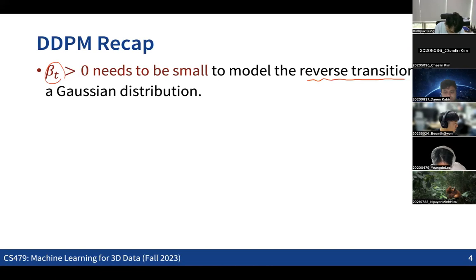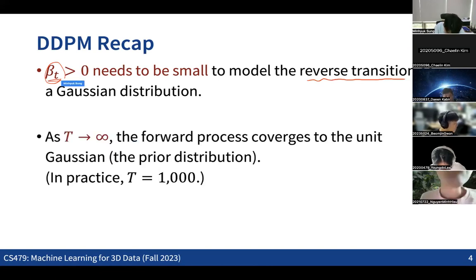But if we make this relatively small, we also need to have lots of steps. So as t goes to infinity, the forward process can converge to the unit Gaussian. That's the property that we need to satisfy in designing the DDPM process.